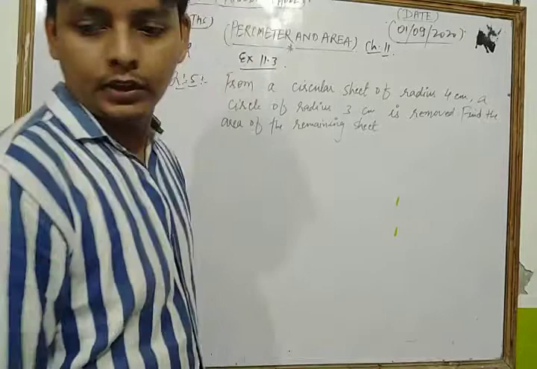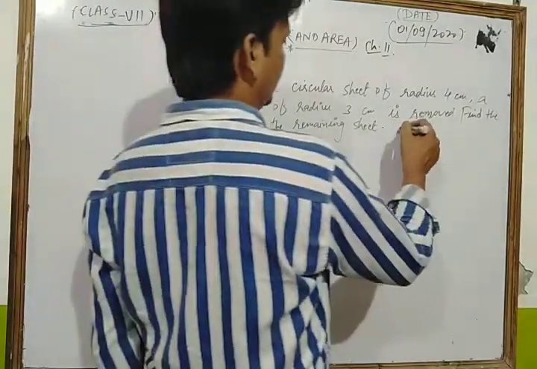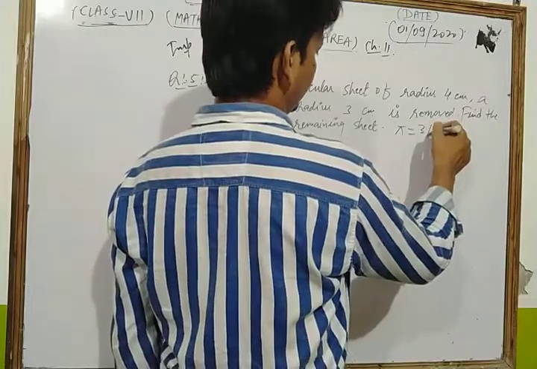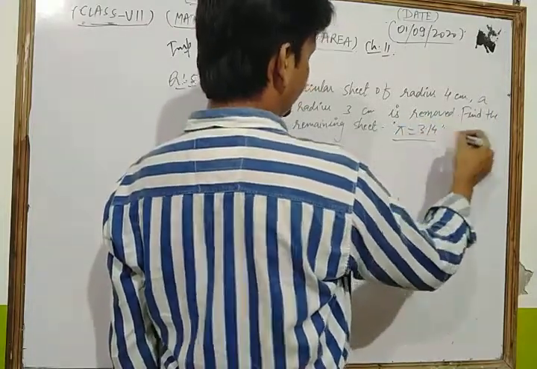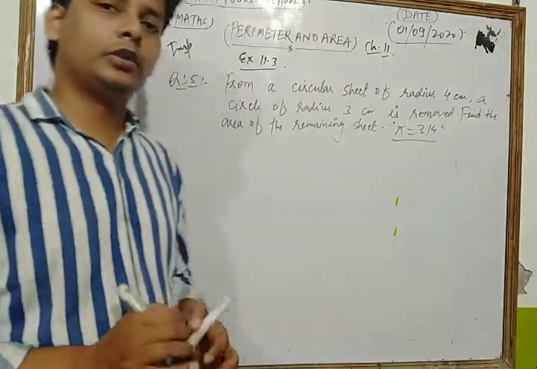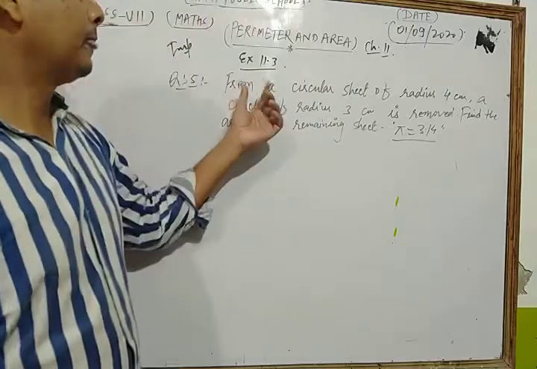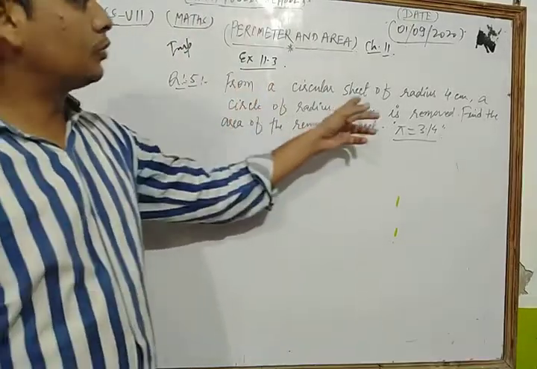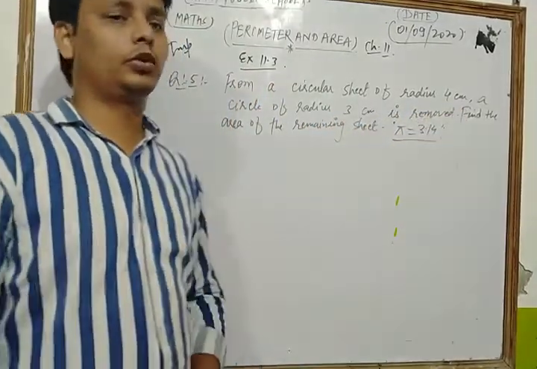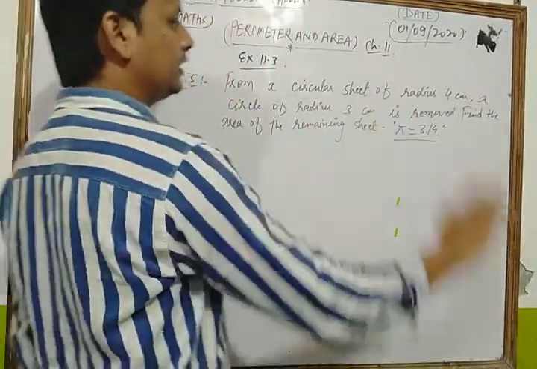Find the area of the remaining sheet, and we take the value of pi as 3.14, which is given in our question. Now look what I do, dear students. First let's see the question once more. From a circular sheet of radius 4 centimeter, a circle of radius 3 centimeter is removed.